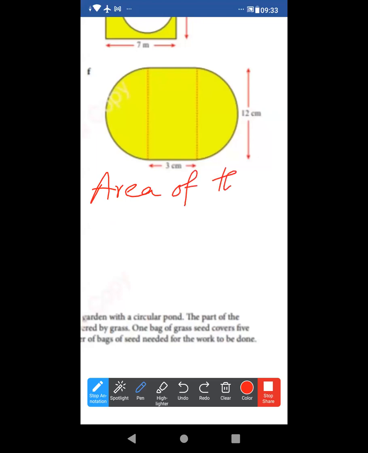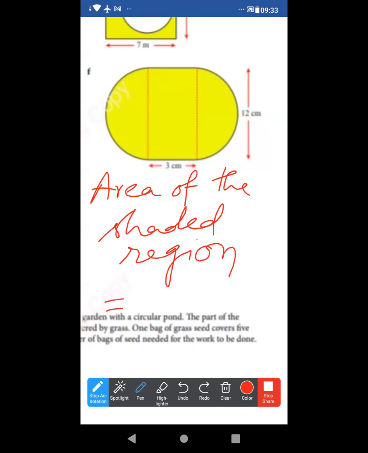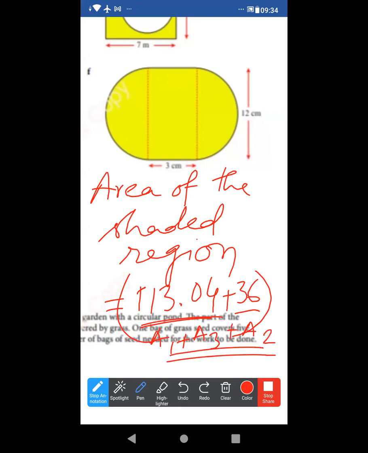Area of the shaded region is equal to 113.04 plus 36. Here A1 and A3 are already included, right? And this one is A2. What is the answer?